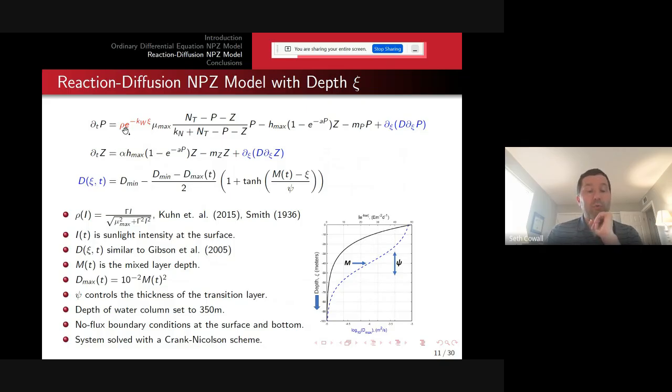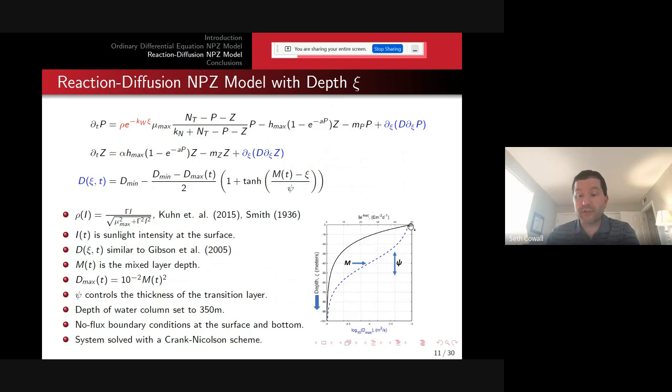Okay, so with rho, one of the things we're doing is taking into account the fact that sunlight attenuates with depth in the water. So here we're adding a decaying exponential, and Kw is the light attenuation constant. We can illustrate with this graph, with the vertical axis being depth in the water, and this top horizontal axis being the light intensity as a function of depth.